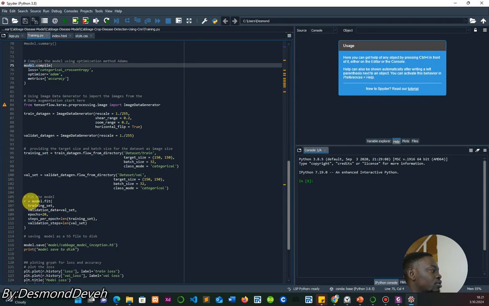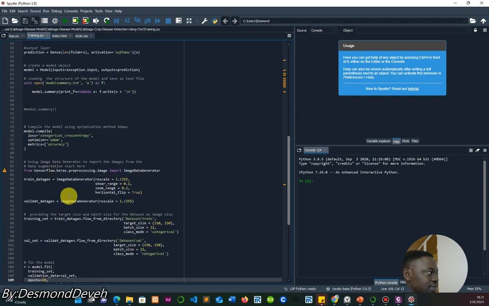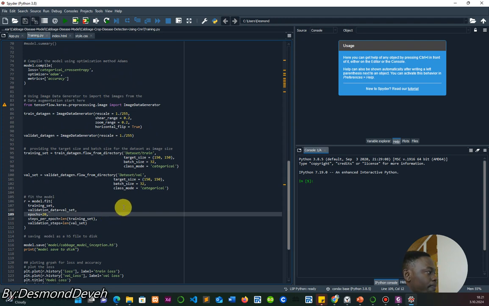Here, r is equal to model.fit, with the training set, and validation data to be the validation set. The epochs I'm going to run is 20, the number of times I want the model to learn the images I have given to it, which is the dataset. I have my training dataset at 150 by 150, and the validation dataset at 150 by 150.